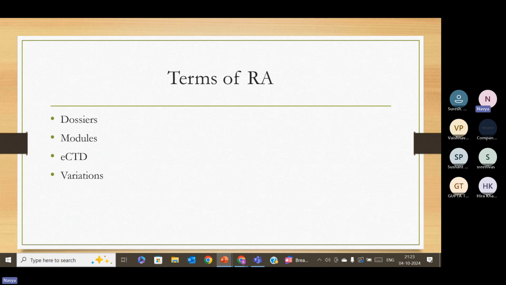Coming back to modules and ECTD. So what are modules and ECTD? ECTD is a common technical document, or if we include E in it, it is electronic common technical document. If you ask an RA person, they will say ECTD, I have created sequence and all those things. Now, ECTD is a format. When we are submitting anything to authority, it should be in a synchronized and proper, systematic manner.